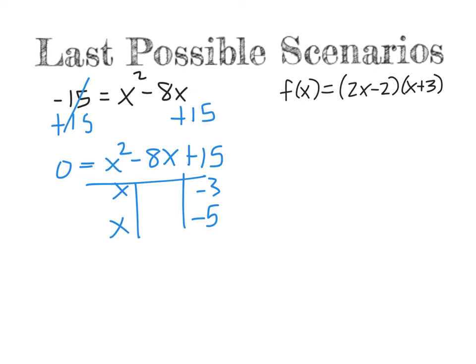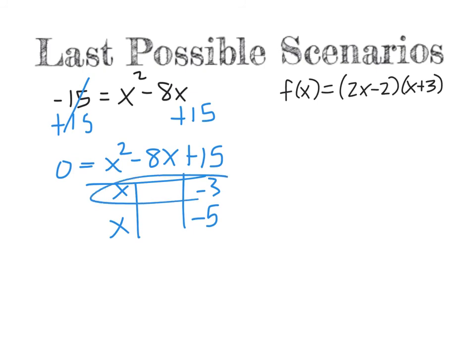On the right side, this is not in standard form, and it's also not in vertex form. The great thing about this one is it's already given you the factors. You don't have to find the factors like you did down here.